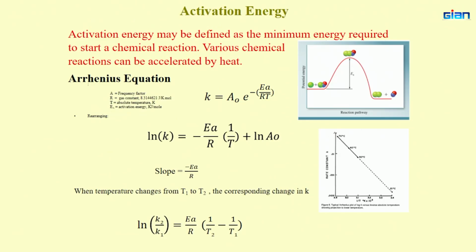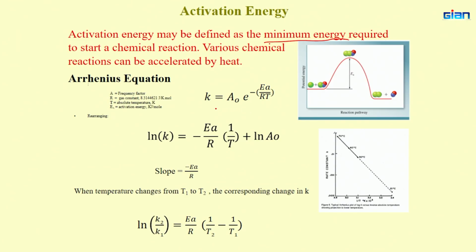The next concept we talked about earlier is the activation energy. Activation energy is the minimum energy required to start a chemical reaction. When you heat treat or do different processes, to initiate a reaction you need to supply certain energy, and that minimum energy is the activation energy.